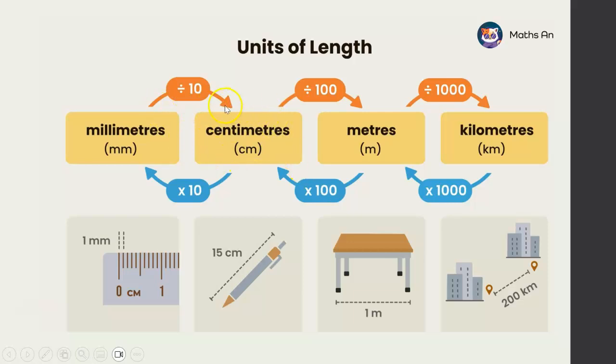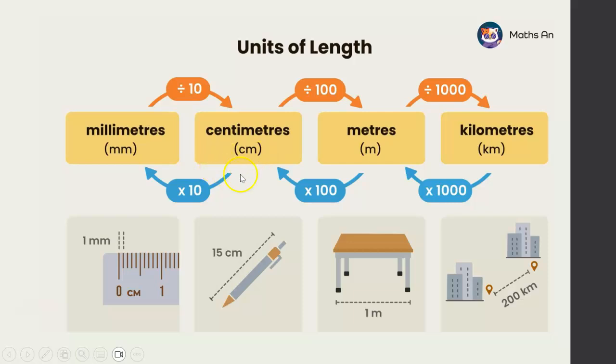Let's say I'm in centimeters and I want to convert to millimeters. Now, why am I saying times 10 and not times 100? Well, think about it. There's 100 centimeters in 1 meter. There's 1,000 millimeters in 1 meter. So the question is, how many millimeters in a centimeter?